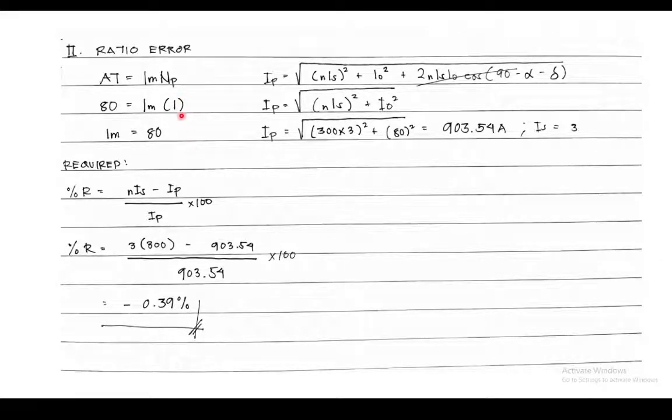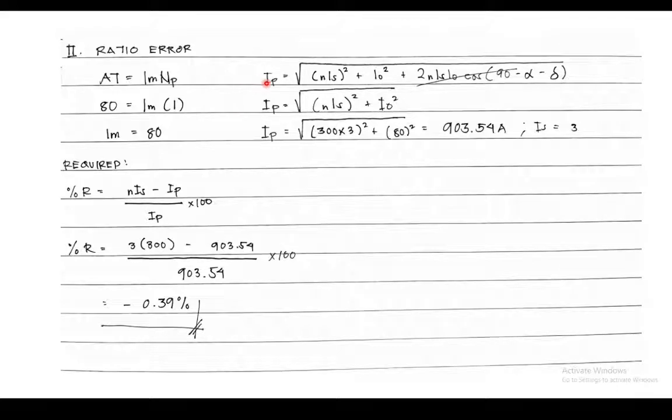So we will have IM is equals to 80. So, since ang load naman natin is purely resistive, meaning ang delta is equals to 0, tapos yung core loss component of no load current is to be neglected. Therefore, core loss component current is equals to 0.